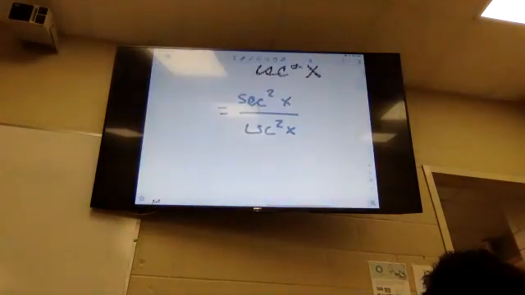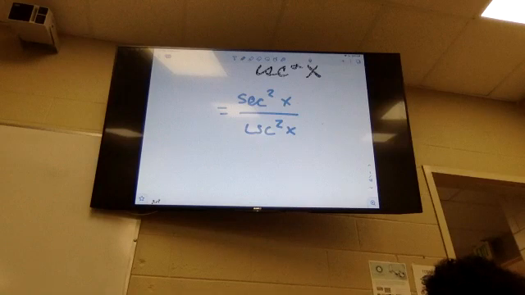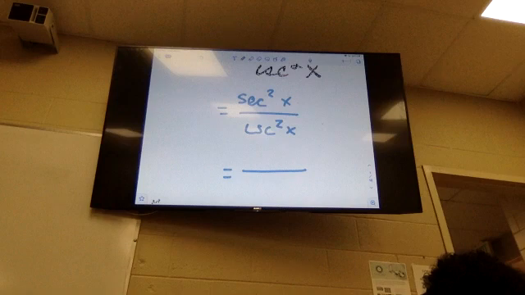So now I've got secant squared over cosecant squared. Again, I told you I want things in terms of sine and cosine. Can we rewrite secant squared as something in terms of sine or cosine? What's secant the same thing as in terms of sine and cosine? Cosine.